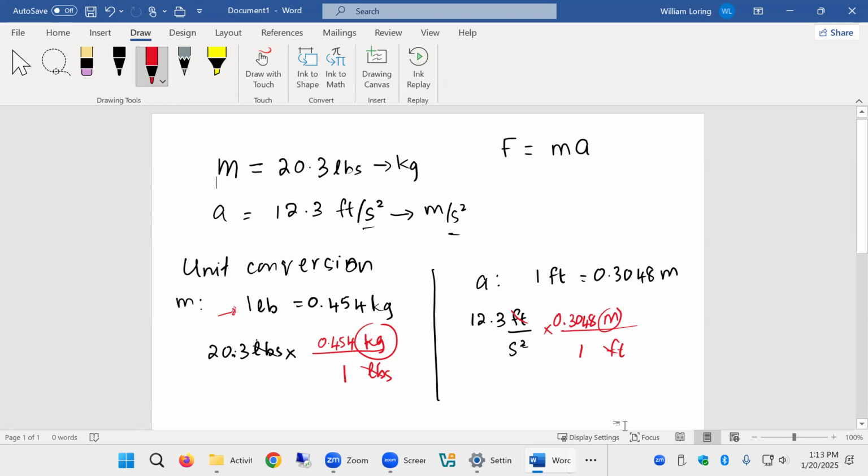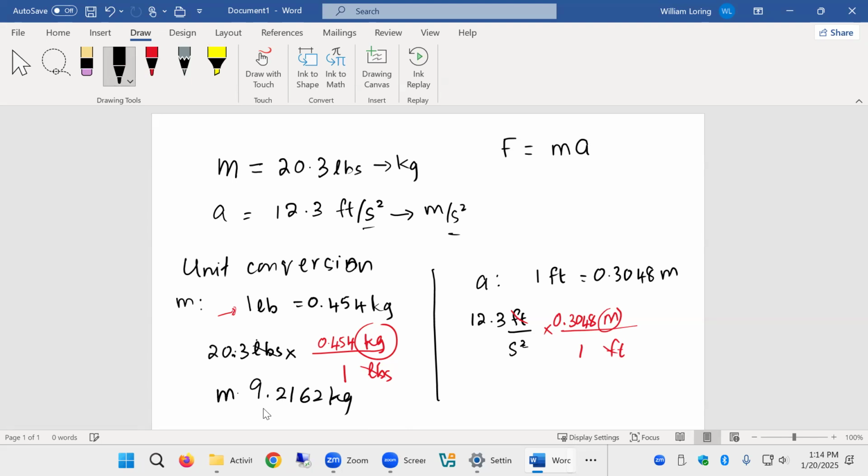Once I convert, I will get 2 numbers. So 20.3 times 0.454 gives me 9.2162 kilograms.